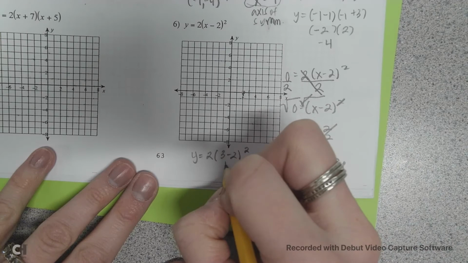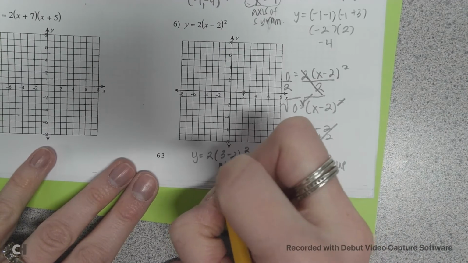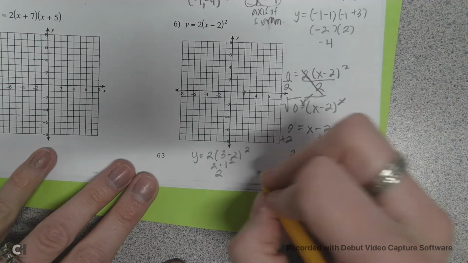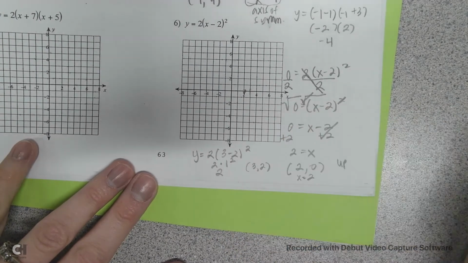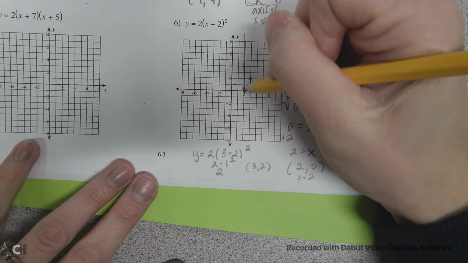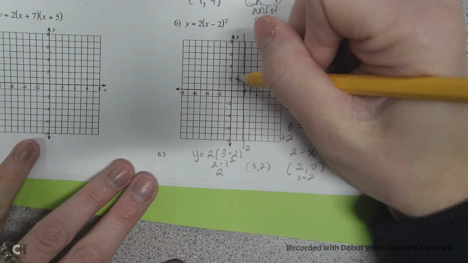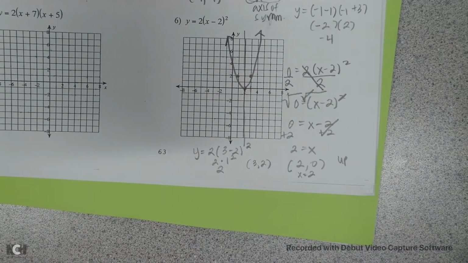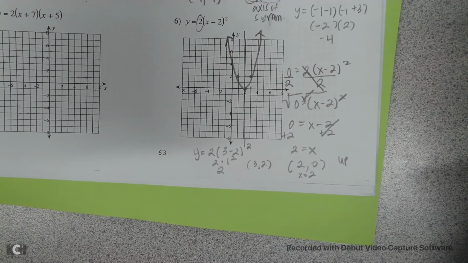So 3 minus 2 is 1, squared is 1, times 2 is 2. So I have an ordered pair of 3, 2. Since this is the axis of symmetry, it's the same on the opposite side. And then we graph. And it goes up because this guy's positive.